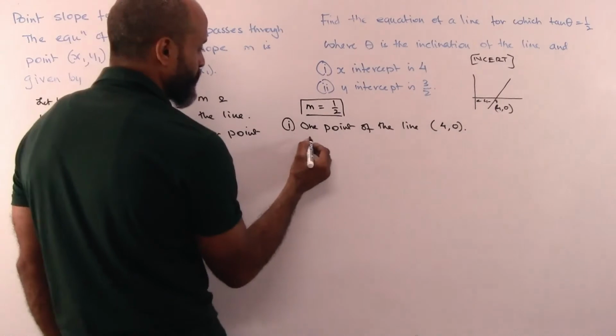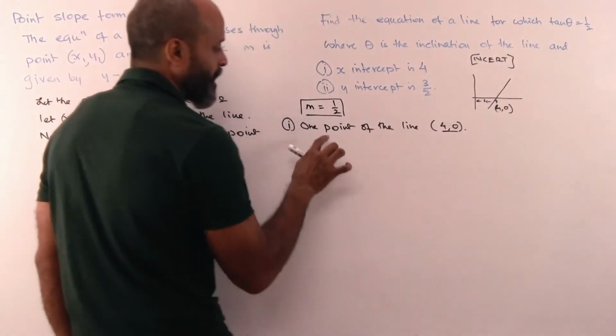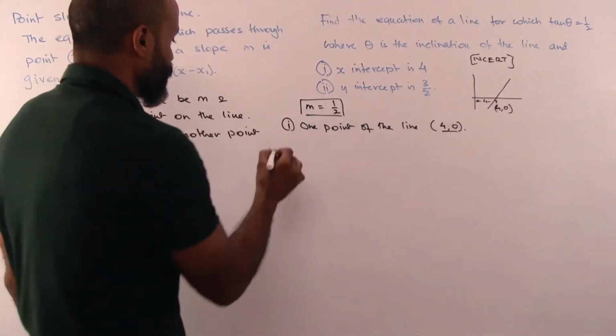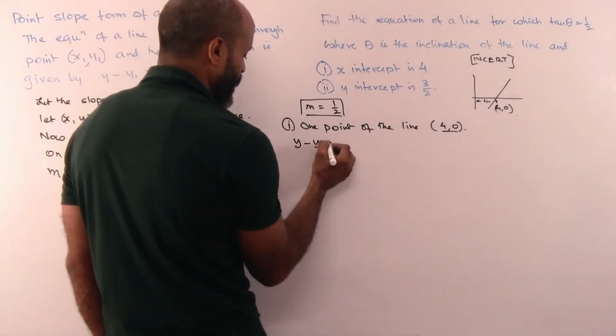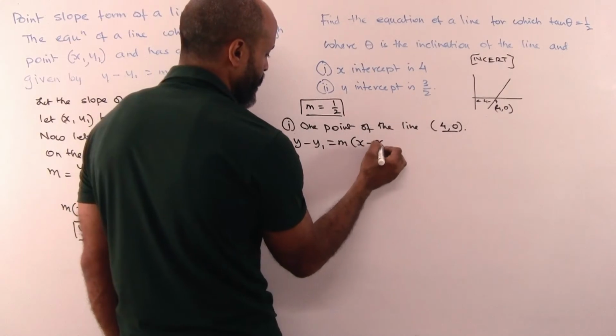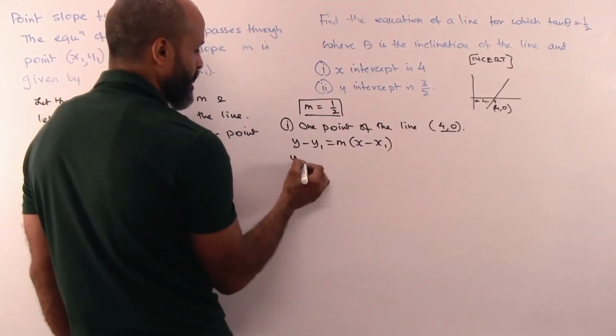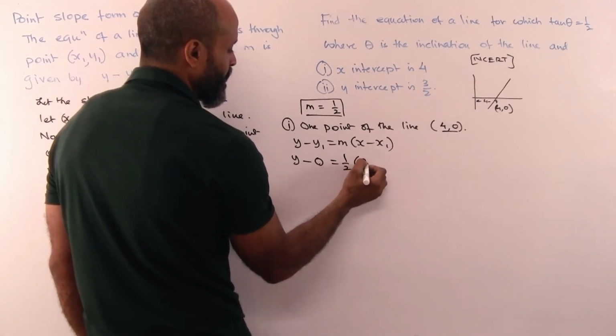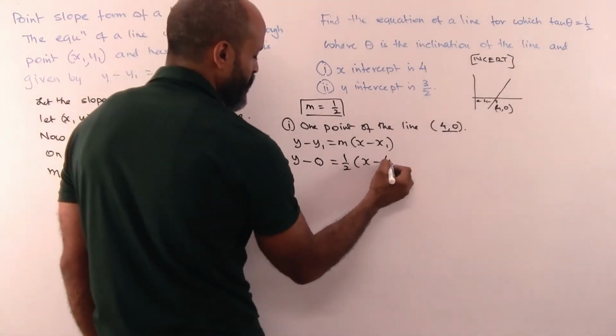Now we are aware of the slope of the line and the coordinates of one point, so we can put y minus y1 is equal to m into x minus x1. In this case, y minus y1 will be y minus 0, m is 1 by 2, x minus x1 is x minus 4.